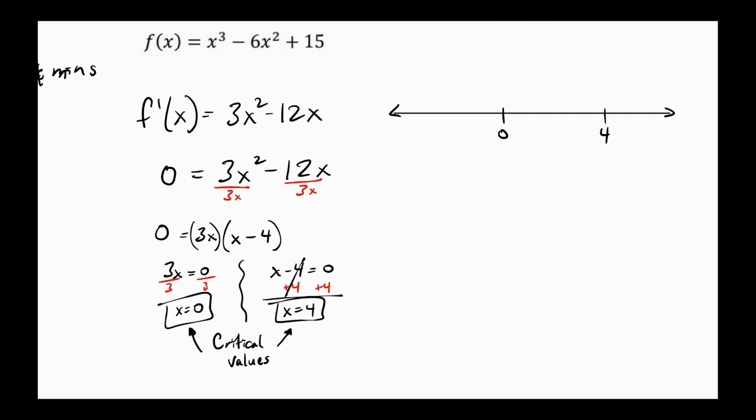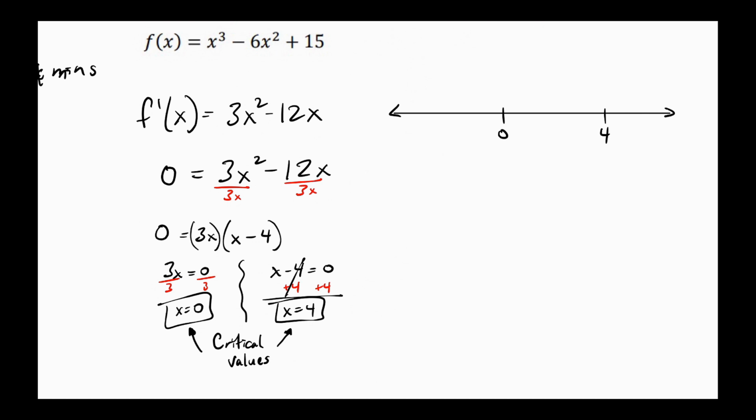You don't have to have all the other numbers, just the critical values. So what I'm using this number line for is I want to determine before 0, is the function increasing or decreasing? Between 0 and 4, is the function increasing or decreasing? After 4, is the function increasing or decreasing?